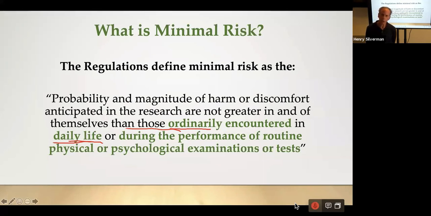If you think a research procedure is associated with a higher probability and a higher magnitude, I think one might be able to determine whether a risk is greater than minimal risk. But it's not going to be easy.